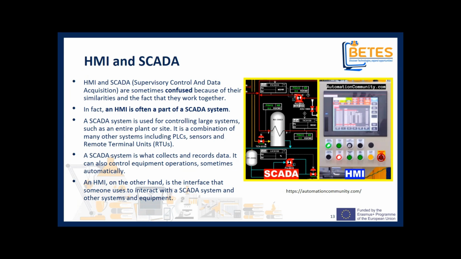And we use the HMI system to push the buttons and do the action based on the data we see. So this is the difference between these two systems. The SCADA system collects and records data, while the HMI is the interface that someone uses to interact with the system and other systems and equipment.